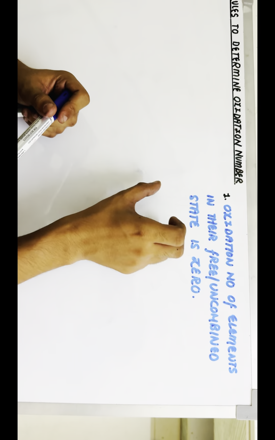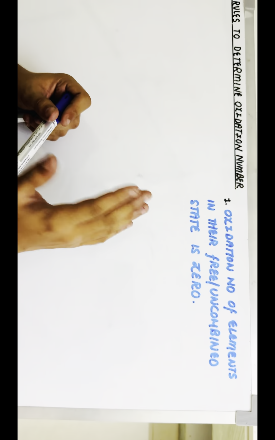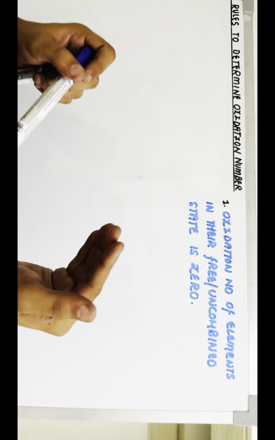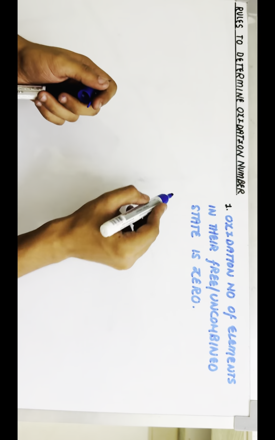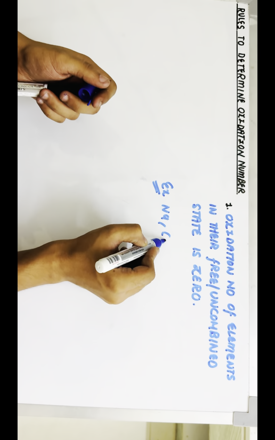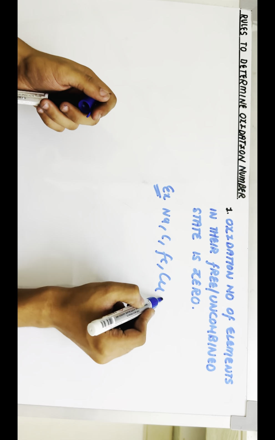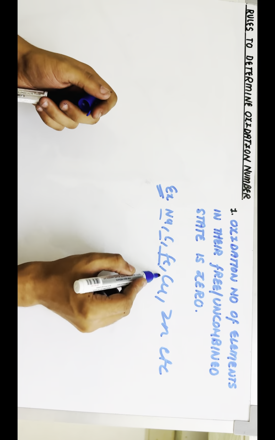Every element which is alone and not connected with another element, for example Na, C, Fe, Cu, Zn. These are the elements in free state.